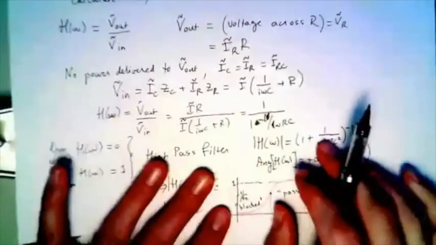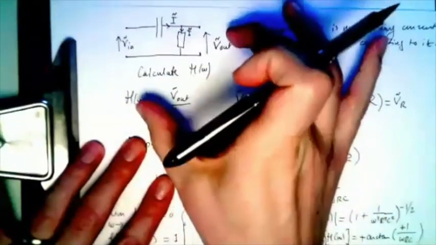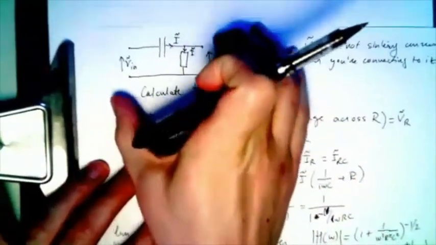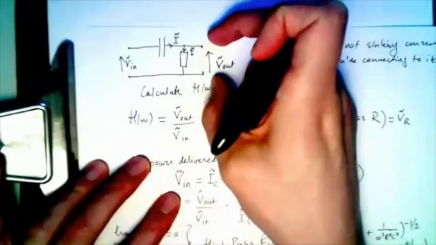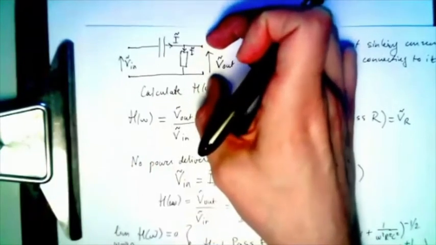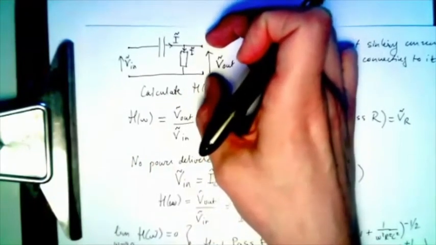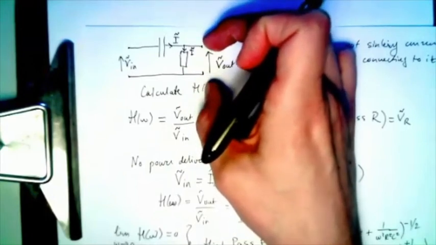So these, as I was just explaining, these filters are usually the simplest ones that you can use, where you always assume that whatever you're presenting this output signal to is not going to take any current. So oscilloscopes have high input impedances, multimeters have high input impedances.